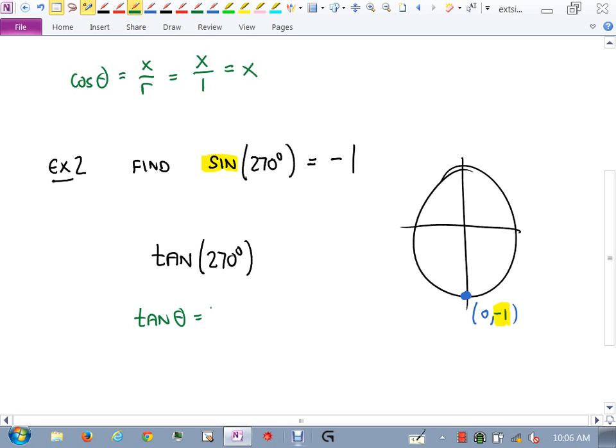Tangent of an angle is y over x, which means that in order to figure out tangent, you can't just look at one of the coordinates. You actually have to look at them both, right? And you have to take the y coordinate mentally and divide it by the x coordinate. What's y divided by x? What's -1 divided by 0? Undefined. This is -1 over 0. This is undefined.